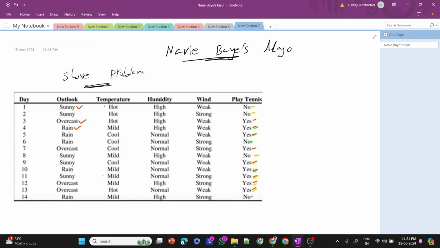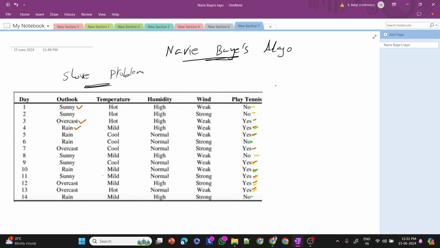Because of this weather condition, tennis will not be played on that day. Like that, depending upon the outlook, temperature, humidity and wind condition, we will decide whether the person should play tennis or not.